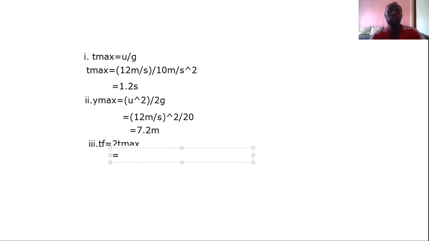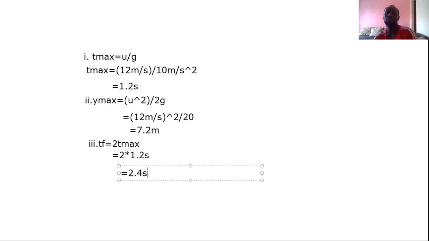Okay, this is equal to 2 multiplied by 1.2 seconds, which is equal to 2.4 seconds. So that was the example, and I think all of you have got these answers.